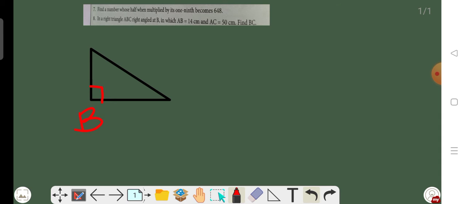Okay, now let this be A and this be C. In a right angle triangle beta, if this is a 90 degree angle, then BC is equal to base, AB is equal to perpendicular, and your AC is equal to hypotenuse.